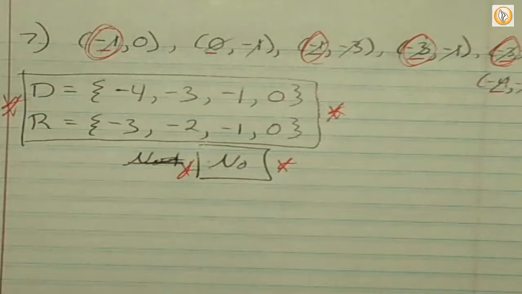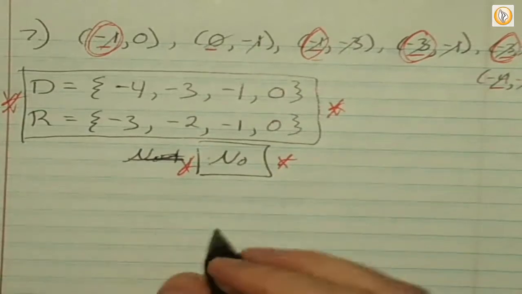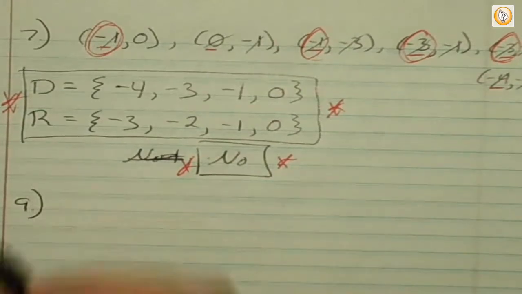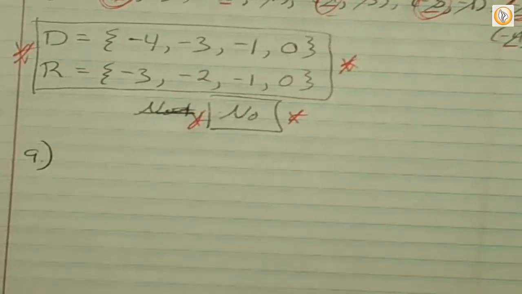9 is next. Okay, let's do our ordered pairs. I have a question about this. If you were to draw the line, would you draw it like a zigzag? You can't. Vertical line test is straight up and down.